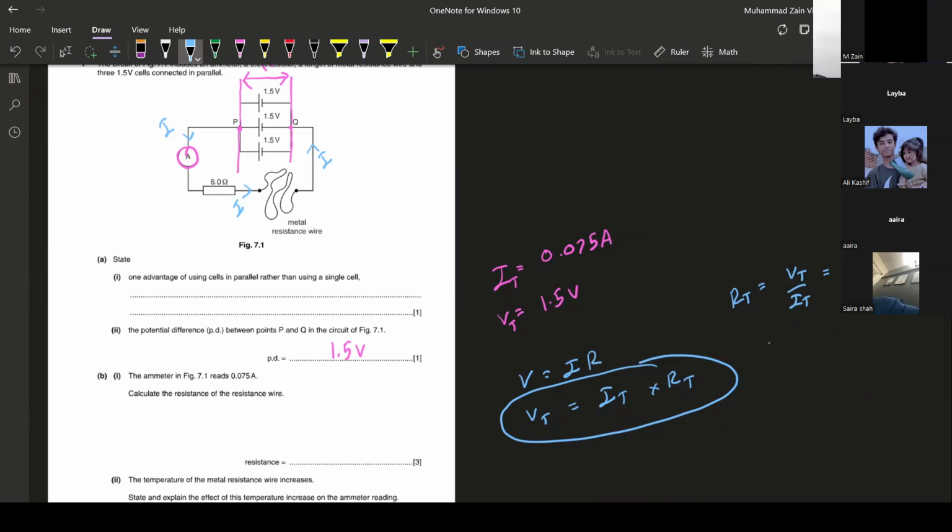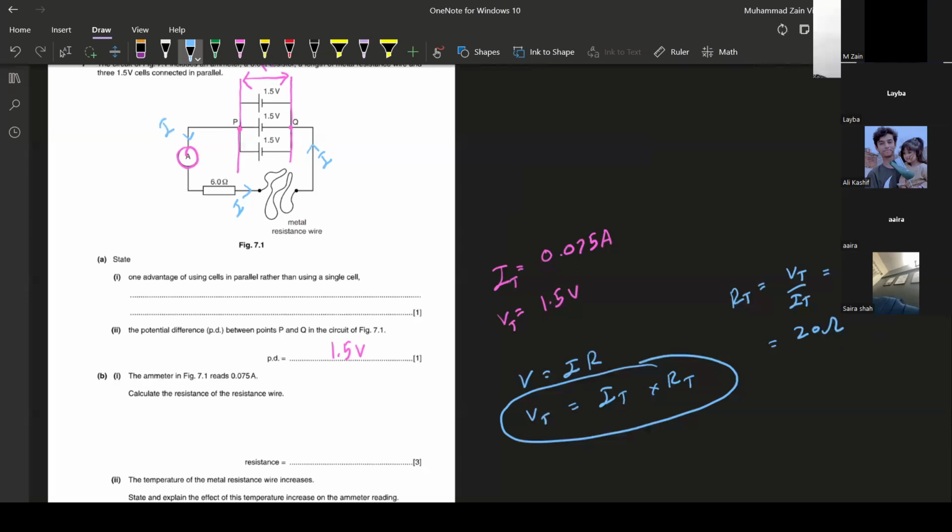Okay, RT, I just found it out. RT would be equal to 20 ohms. Not 60, it would be equal to 20.